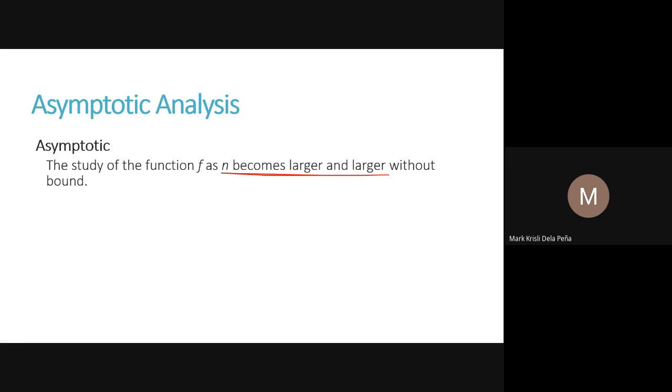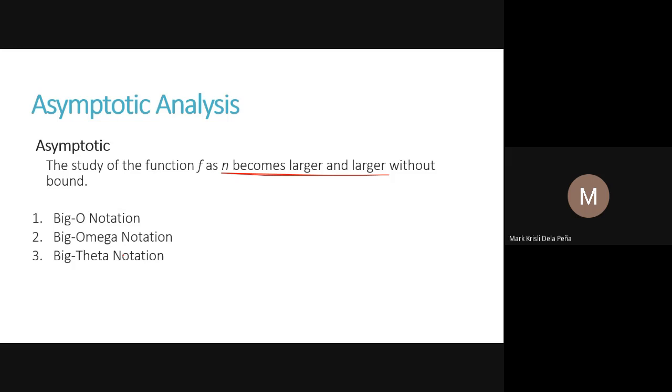So that's asymptotic analysis. There are three notations. I have mentioned to you the big O notation, which is focused on describing the worst case scenario of an algorithm. However, we also have other notations: big omega and theta notation.